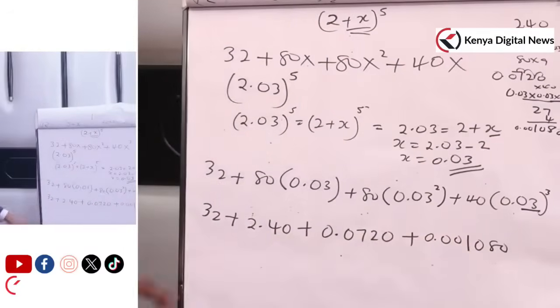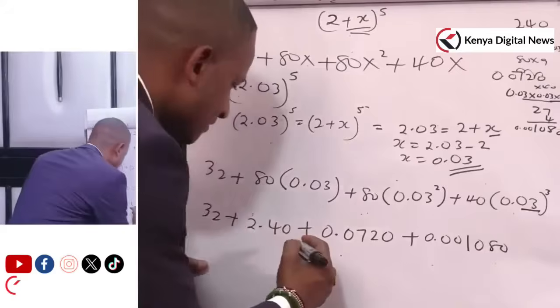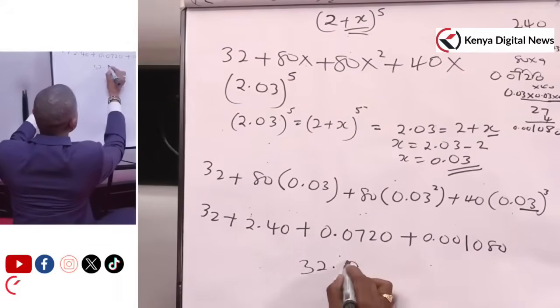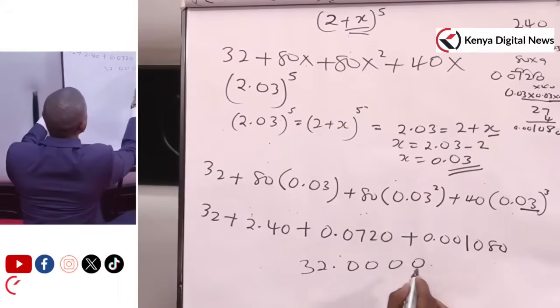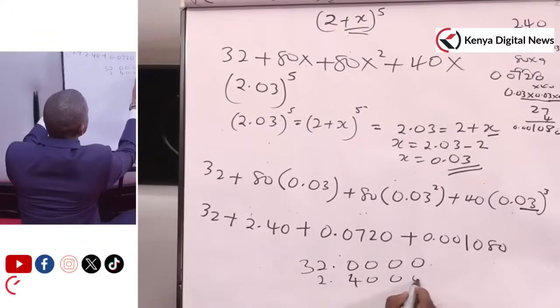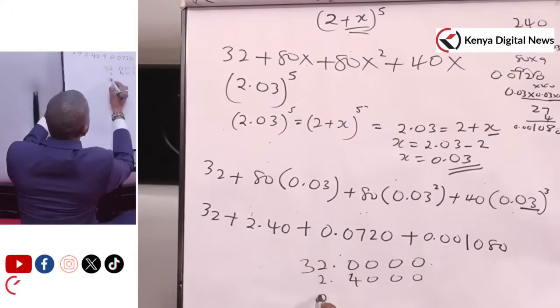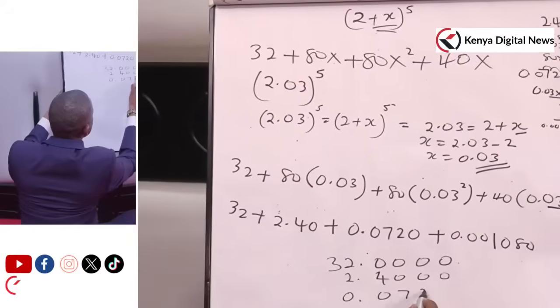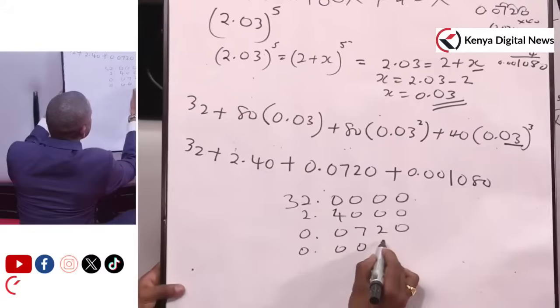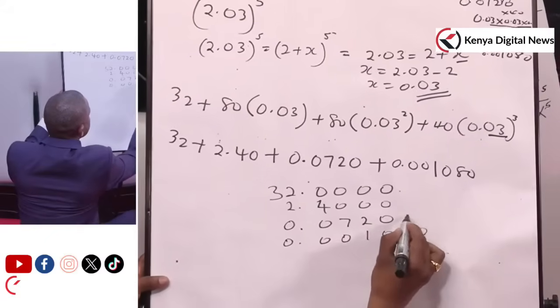Then we add this. When we add this, I want us to be neat. 32.0000, you add 2.40, you add 0.0720, you add 0.001080.